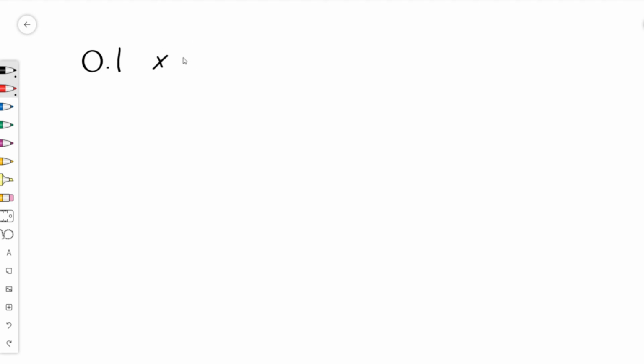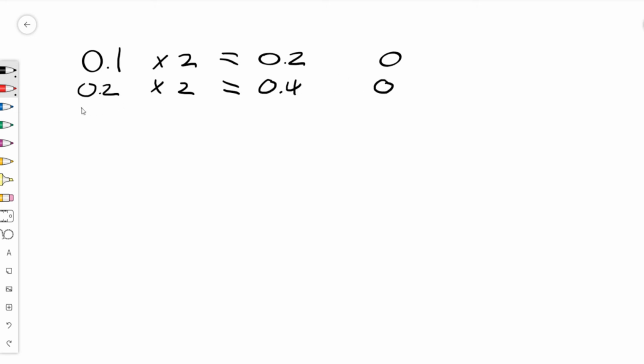0.1 times 2 is 0.2. We're going to take this 0, and now take 0.2 and multiply it by 2. This gives us 0.4. We're going to take this 0, and now take 0.4 and multiply it by 2. This gives us 0.8.